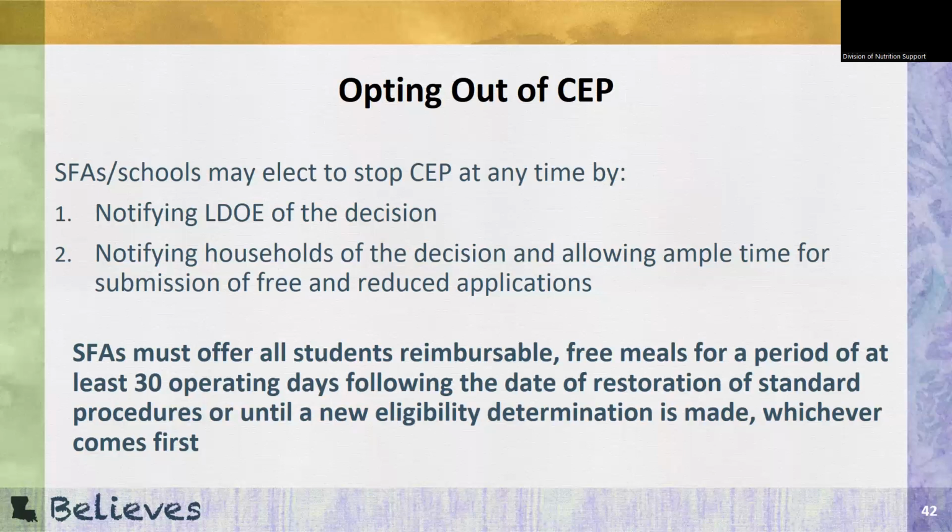If an SFA elects to no longer apply the CEP in their system or at targeted sites within the system, the SFA must notify the state agency that they wish to not apply CEP in the following school year, no later than June 30th of the current year. SFAs may not discontinue CEP once that school year has begun.